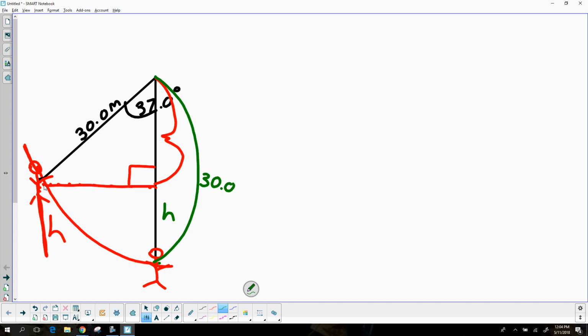So, here's the side I want to find. Let's call this the adjacent side, because I notice the side is adjacent to my angle, which will lead me to use which trig function? Cosine. So I can say that A, and I just call this letter A for the adjacent side, is 30 cosine 37.0 degrees.